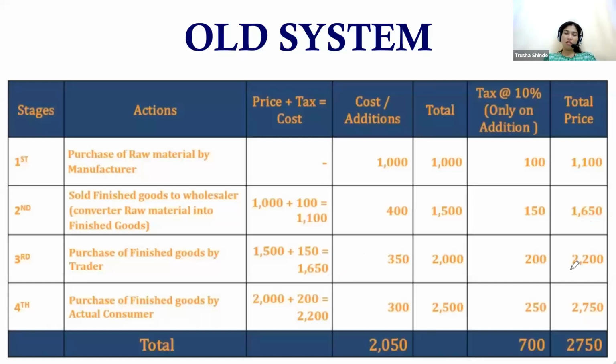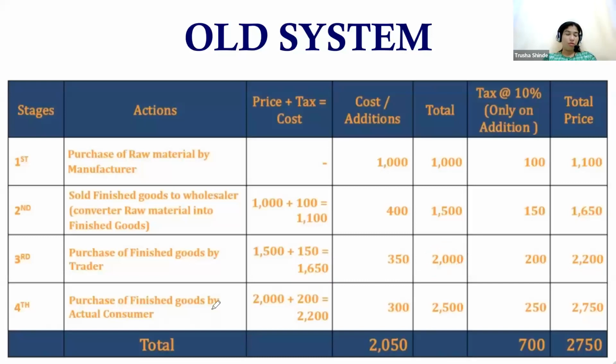Now the retailers are going to sell that particular product to the end consumer. For him, including this 2200, if you observe, the taxes on 1650 in this particular amount already include the taxes, which is there over here.